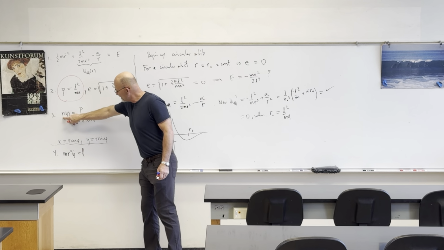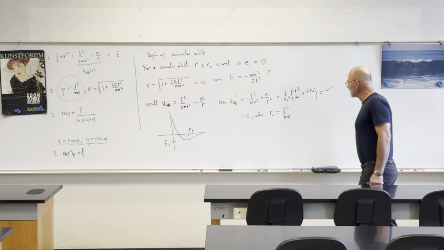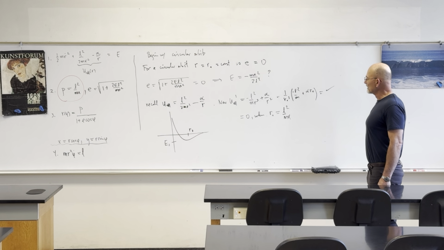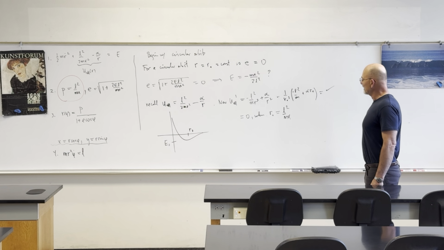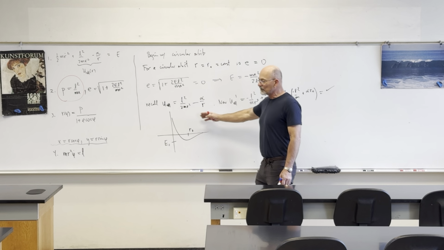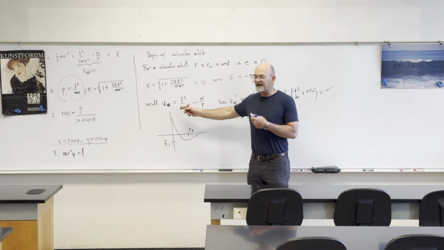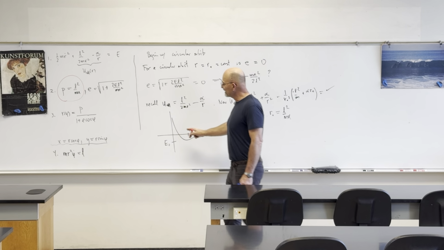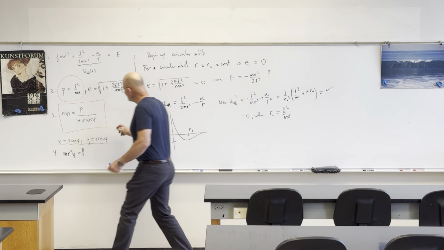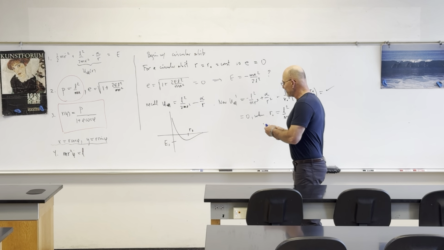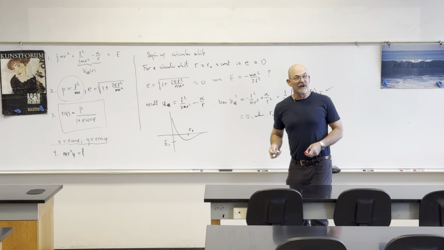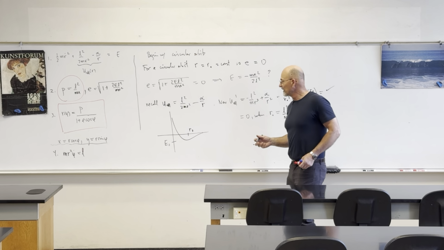So that's where the circular orbit comes out. Of course, this circular orbit business we already knew last time from that analysis. But of course, it has to be contained in this general expression here. So there we're in good shape. And the value of that minimum energy is also going to be available to us.